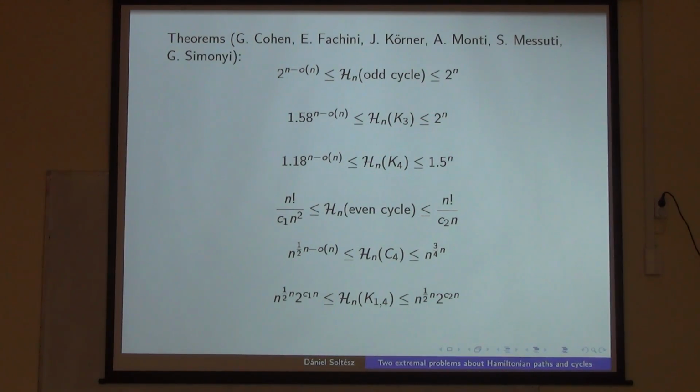That's easy. So it would be a natural question whether it's true that for every bipartite graph we will get more than exponential. The answer is not known yet, but we are fairly convinced that it's false.